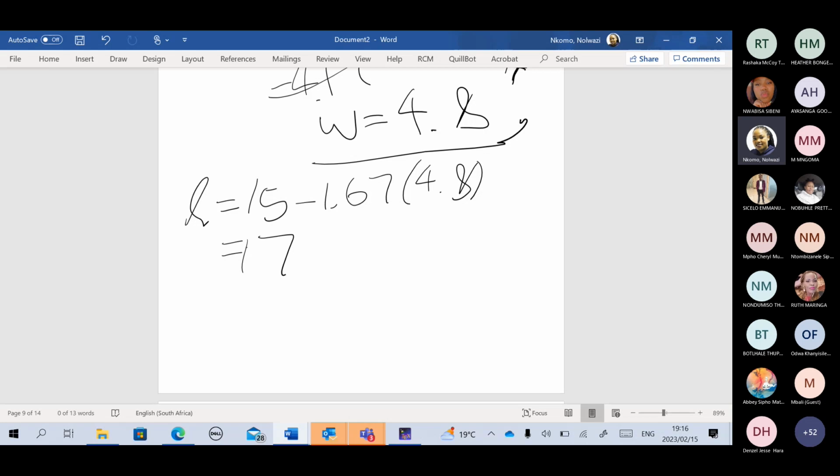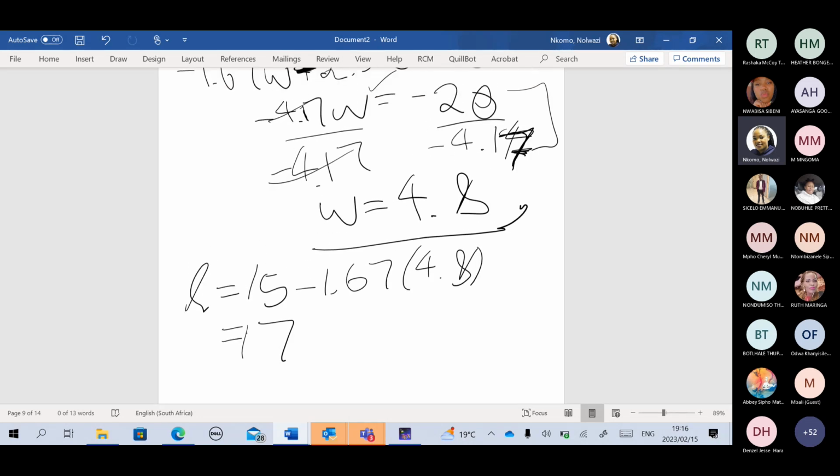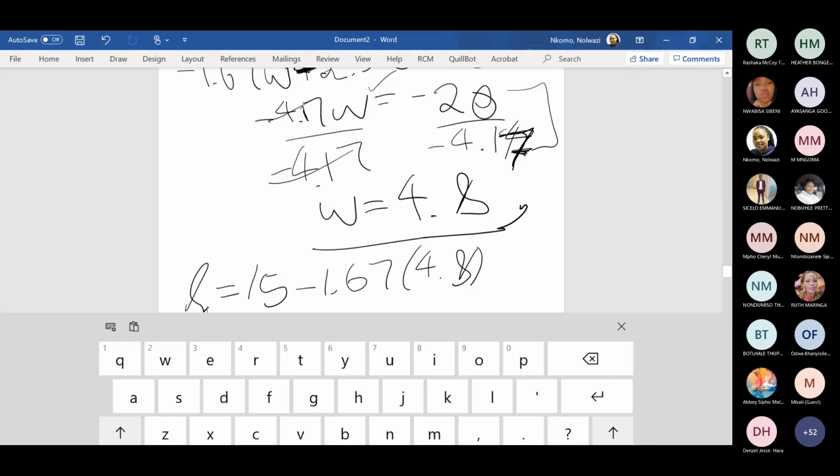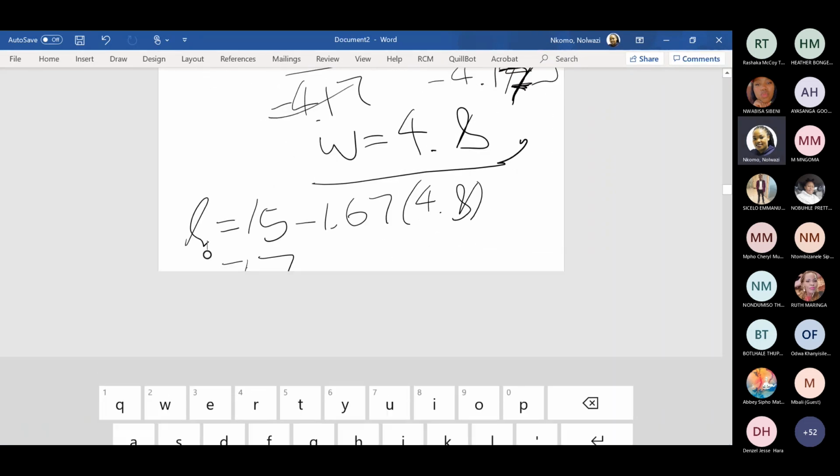Now, suppose a government makes a law that wages may not be lower than 6 rand. We said the wages were 4.80.